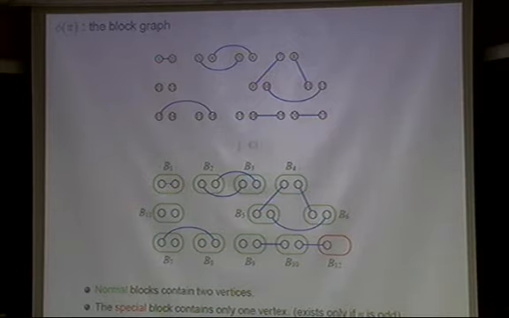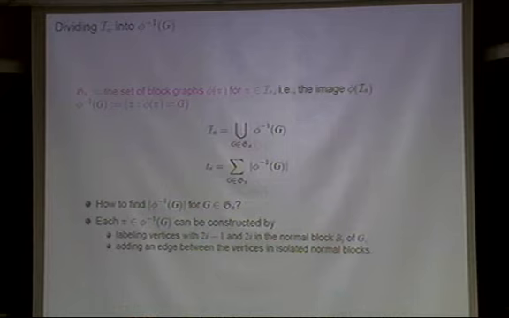So our map is this. The map sends this involution to this diagram, which we will call a block graph. Let Gn be the set of block graphs obtained in this way.